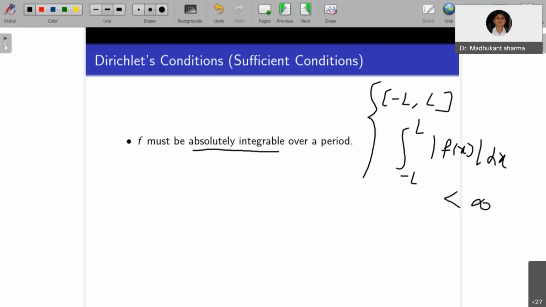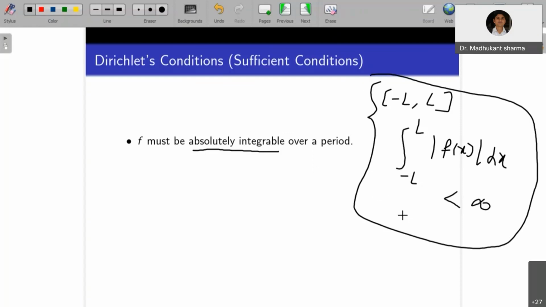Is that clear? Integrable means you have f of x without the magnitude; here the integral of the absolute value should be less than infinity.